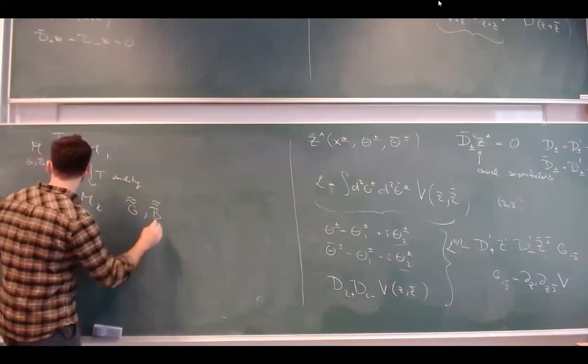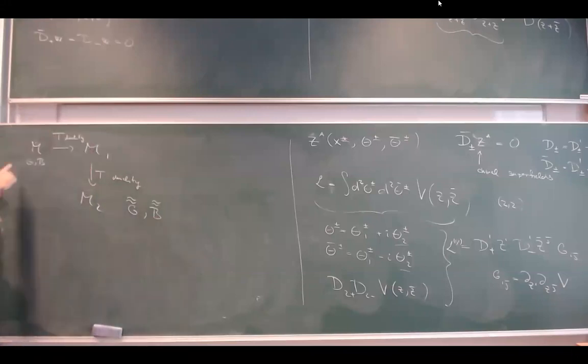So if this had an S1 direction in it, clearly these G's and B's have to be at least periodic along that S1, right? Otherwise, they wouldn't be defining G and B on the circle.